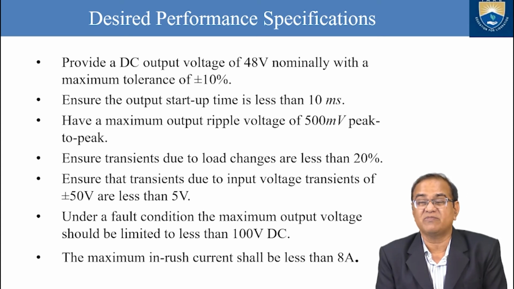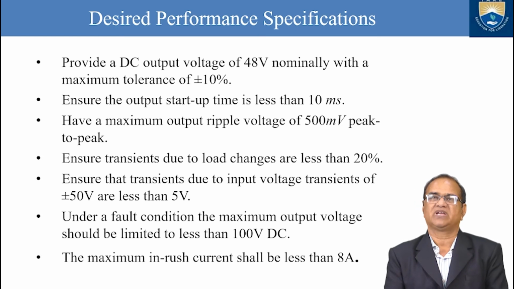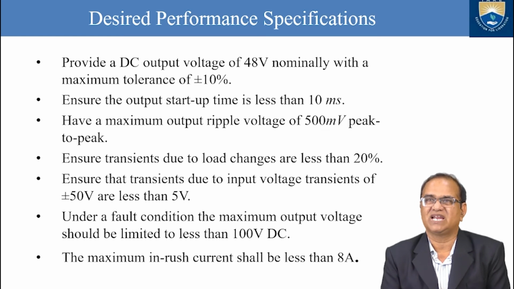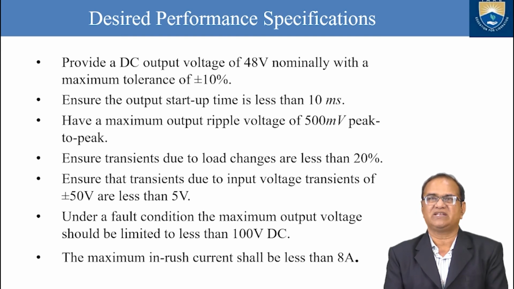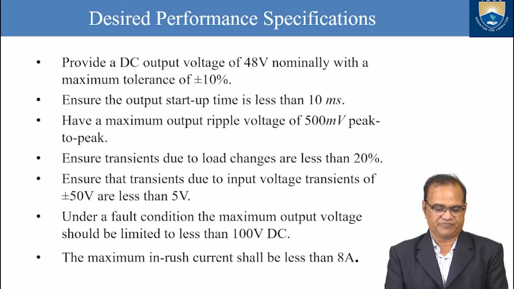So what performance specifications do we require for this type of DC-DC converter? Provide a DC output voltage of 48 volt nominally with a maximum tolerance of plus minus 10%. Ensure the output startup time is less than 10 milliseconds. Have a maximum output ripple voltage of 500 millivolt peak to peak.